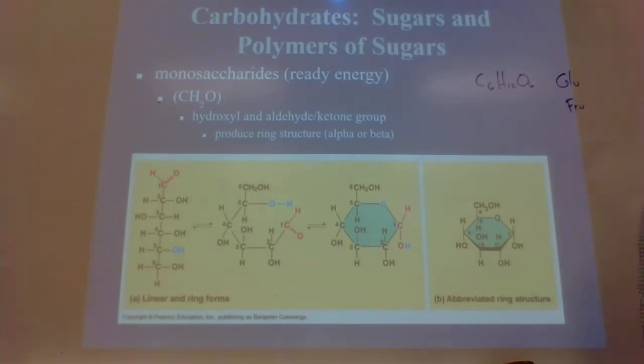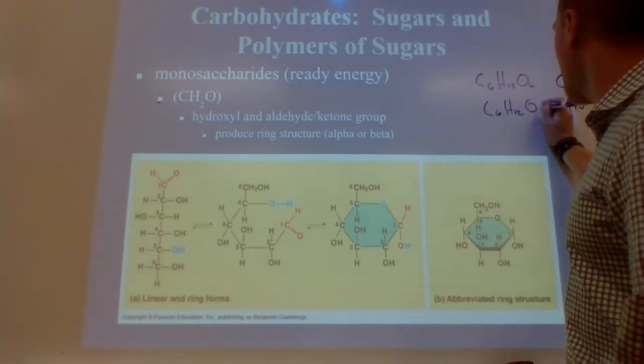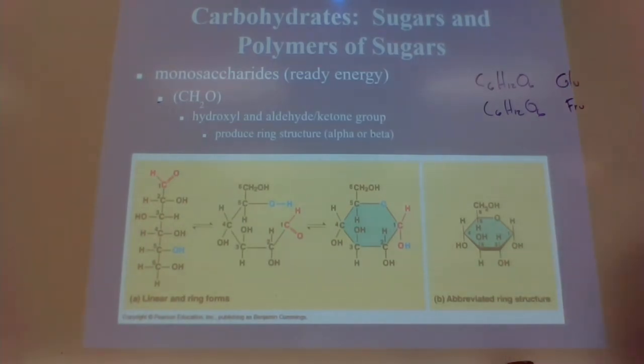Now there's another one that you've all heard of called fructose, right? You've heard of like high fructose corn syrup? Yeah. Which is C6H12O6. It has the same formula, right? How would you describe glucose and fructose? They're isomers.